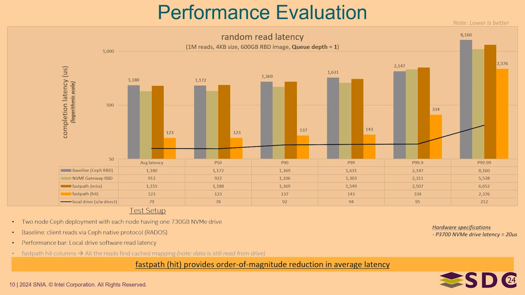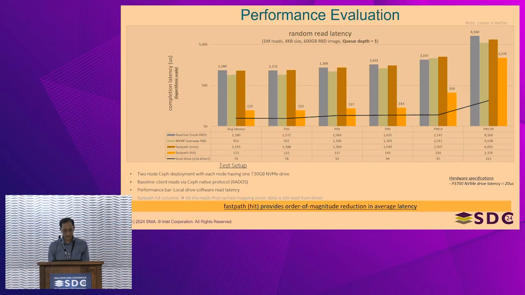But what's interesting is the fast path hit. It's 120 microseconds instead of 1 millisecond, right? And so that's kind of what we were shooting for, the hardware path that just bypasses the entire SDS stack. And this trend you can see across the different percentile latencies here.